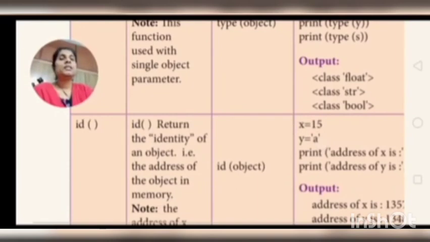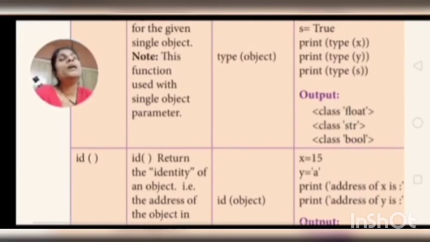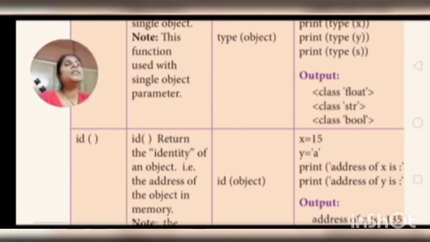So next function is the id function. This function returns us the address of the passed argument. So we take the variables x and y. For these, we send the arguments as objects. So x equal to 15 and y equal to a.